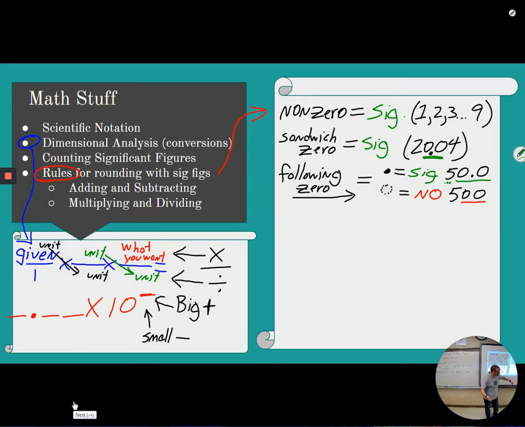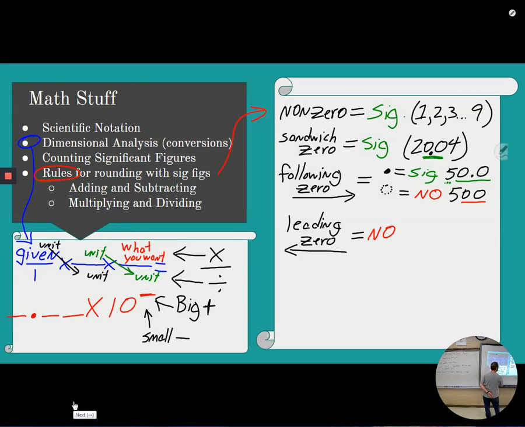Okay, last rule has to do with leading zeros. Those are the ones that are to the left of all of your non-zeros. What's the rule with them? They are not significant.